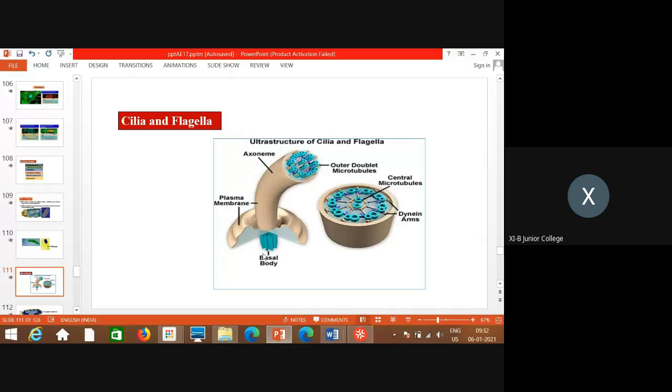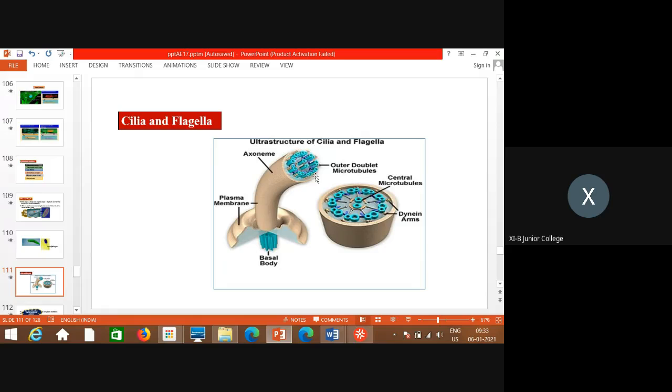Now when we study the internal structure of cilia and flagella, you can see this part. What are the cilia and flagella made up of? Generally three parts are seen: first the basal body, then the basal plate, and the structure called the axoneme.